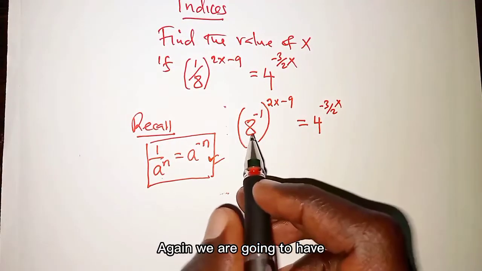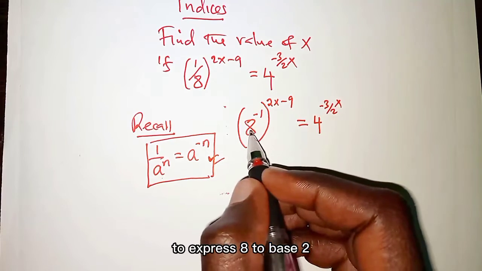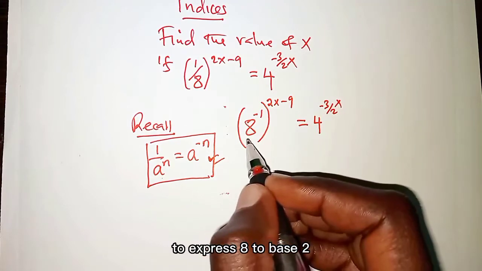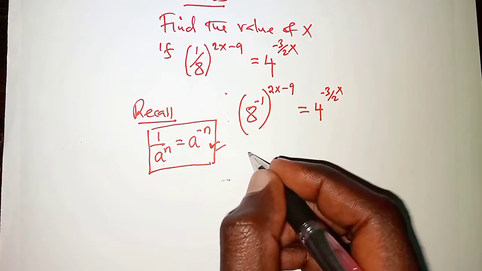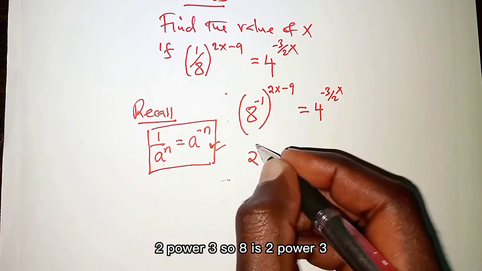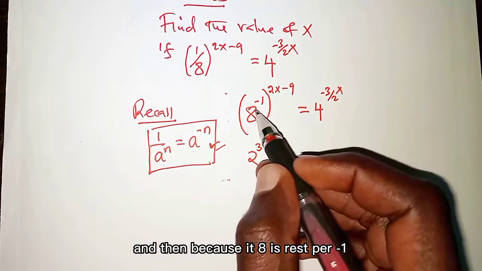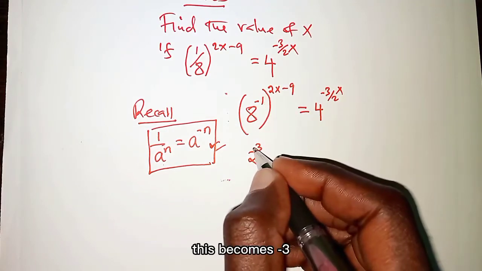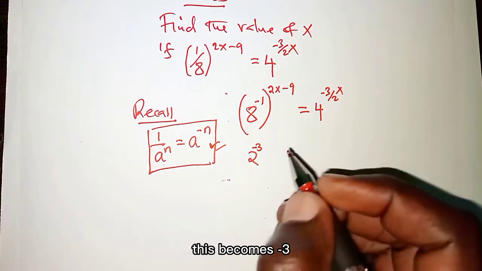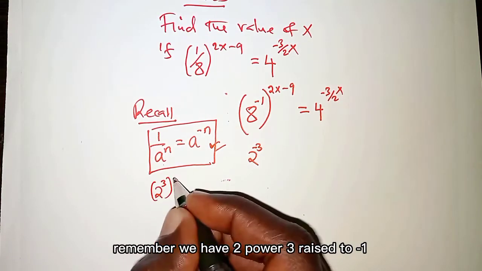Again, we are going to have to express 8 to base 2, and that is 2 power 3. So 8 is 2 power 3, and then because 8 is raised to power negative 1, this becomes negative 3. Remember, we have 2 power 3 raised to negative 1.